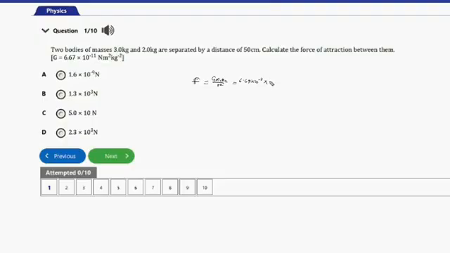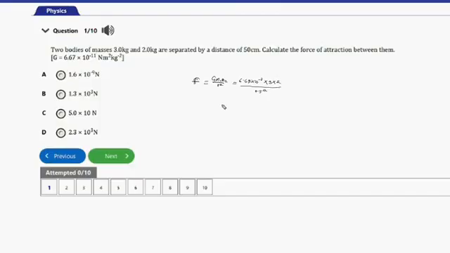Then times M1, which is 3, and M2, which is 2, over R squared, which is the distance between them. Take note that the distance here is in cm, that's 50 cm. If you convert this to the standard unit, meters, you'll have 0.5 meters.